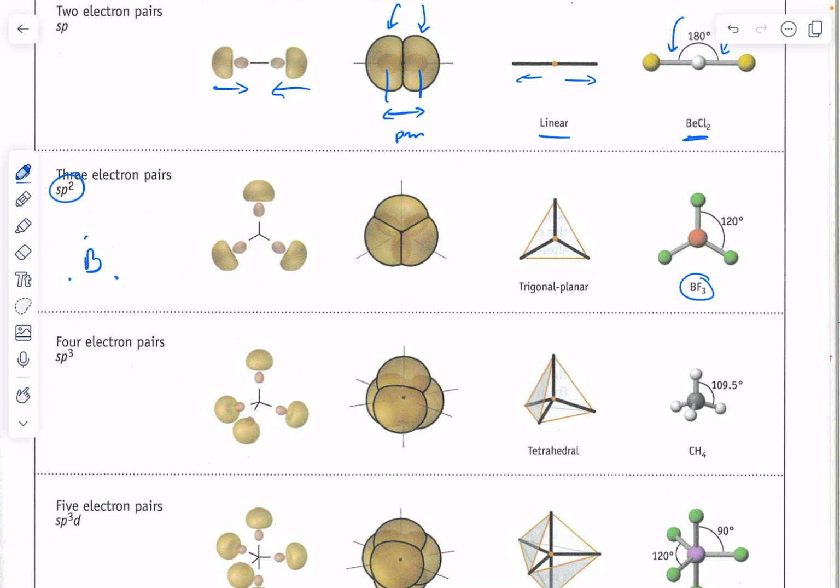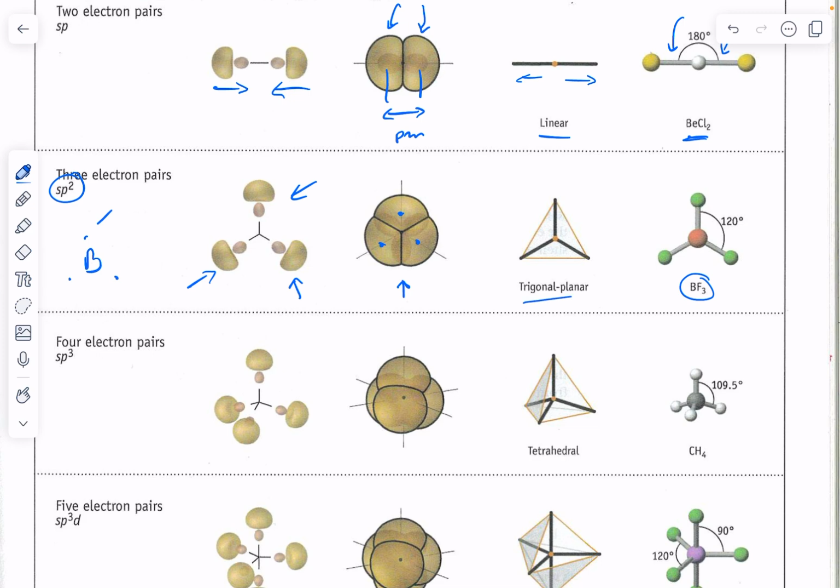This is going to be an sp2 orbital, there's an sp2 orbital, there's an sp2 orbital. We bring them together to their optimum position right here, where we have the greatest stability, and that's going to be trigonal planar.